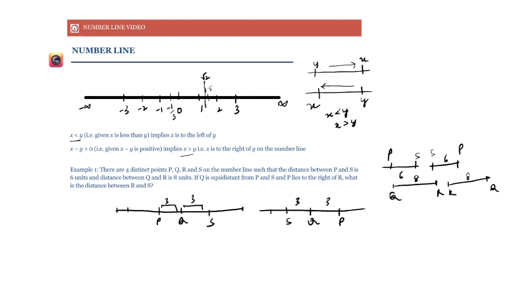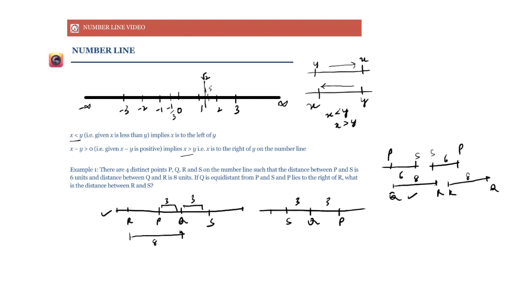We know that R is to the left of P, and that the distance between R and Q is 8. So if we were considering this case, then Q is here and R is to the left of Q. So R will be over here and this distance will be 8.